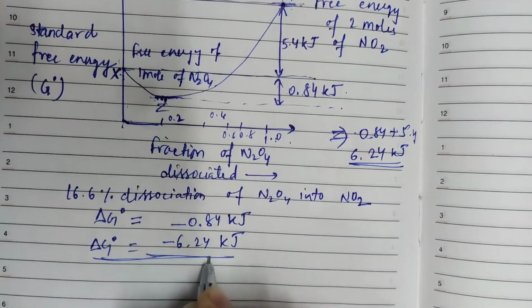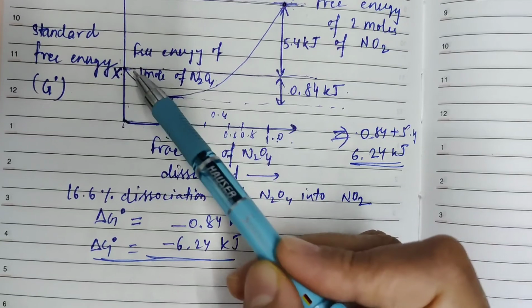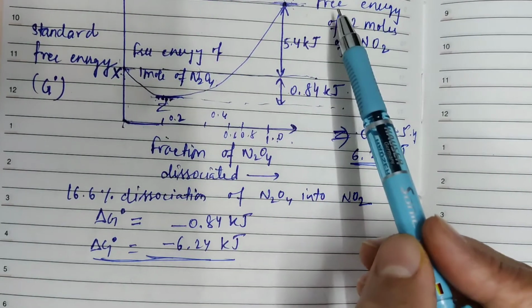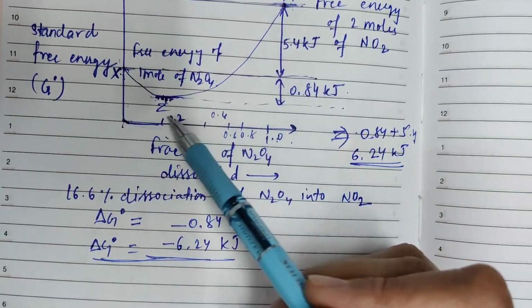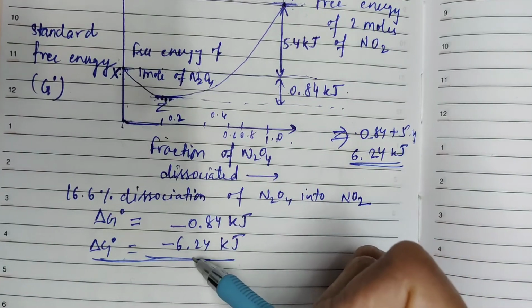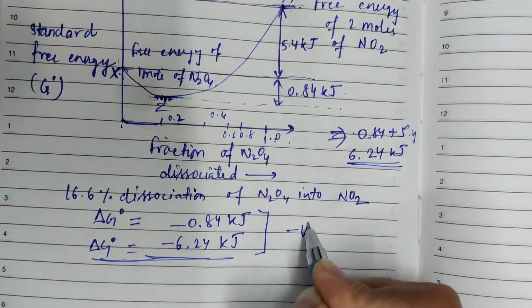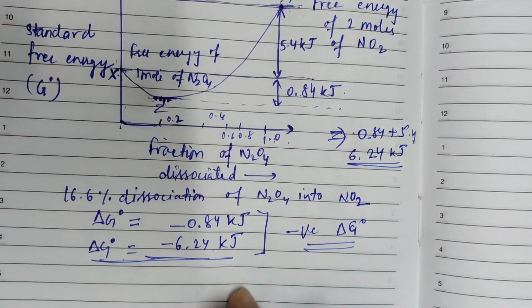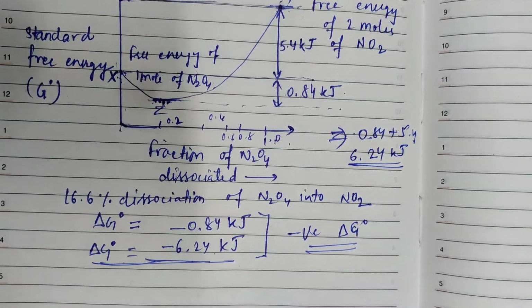So if you come to the equilibrium point from the N2O4 side, even then the delta G is negative, and when you are coming from the NO2 side, that time also your delta G is equal to minus 6.24 kilojoule. That means in both cases you have a negative delta G naught value, and hence both the reactions are spontaneous. I hope you understand this.